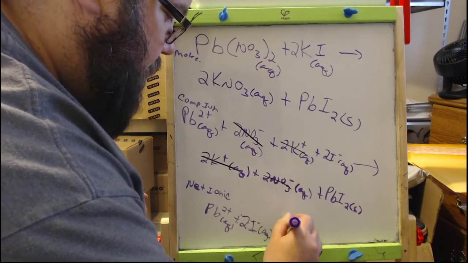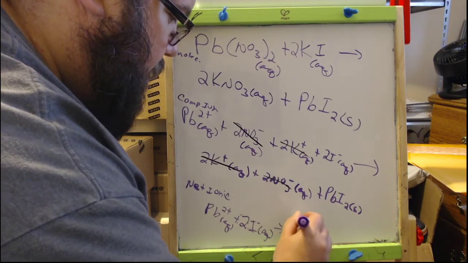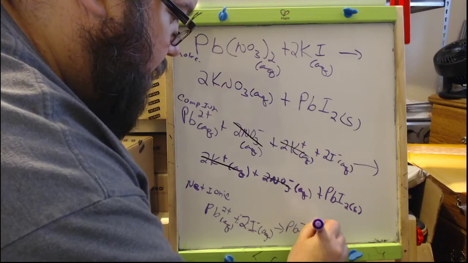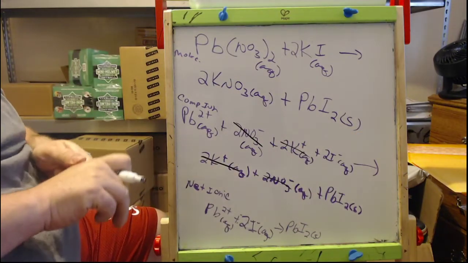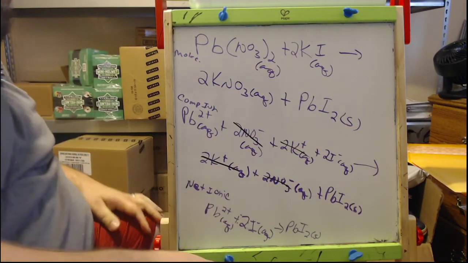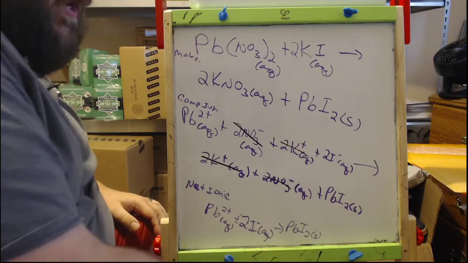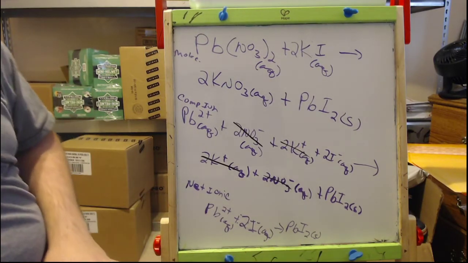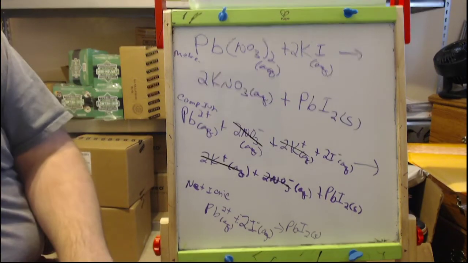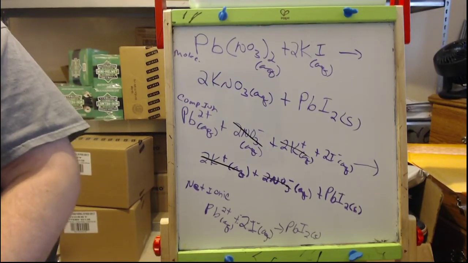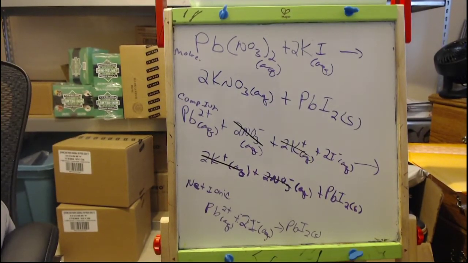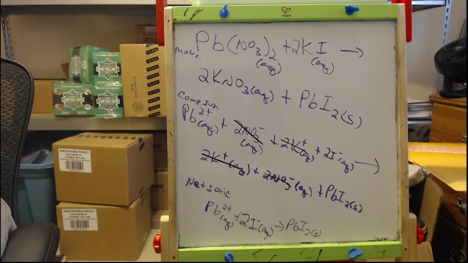Yields PbI2 solid. Now, if everything canceled out, then there is no net ionic. All we did was make a whole stew of ions. Okay. So in order to do this, you need to have your solubility rules on hand.